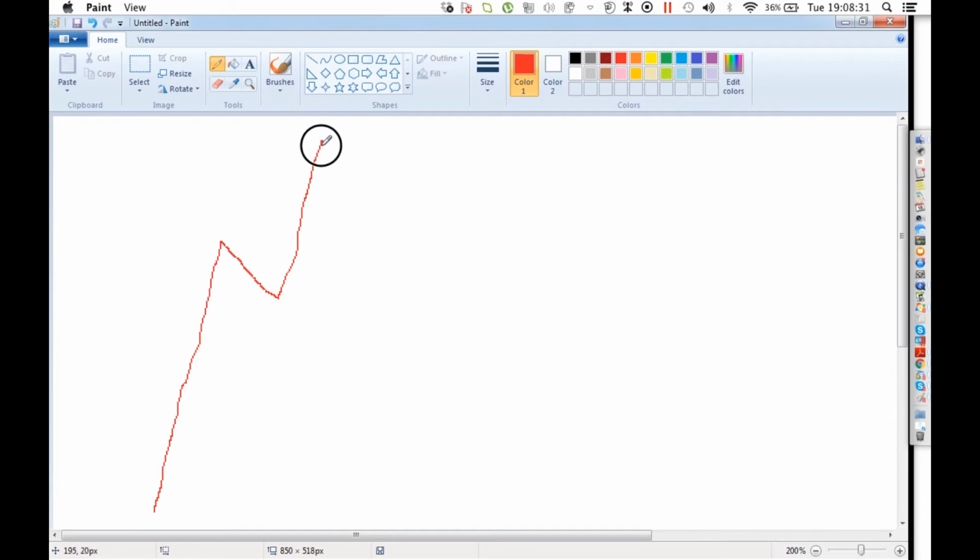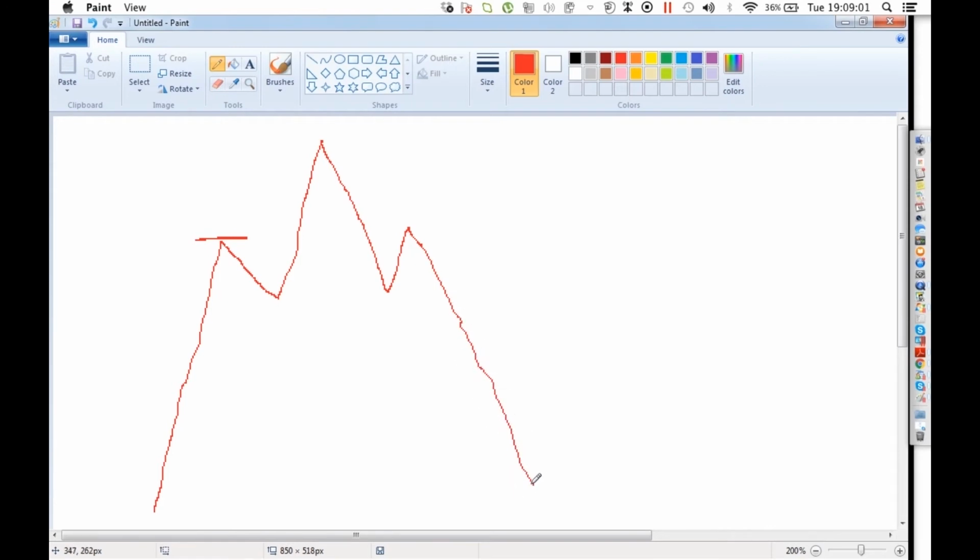Buyers lose power, sellers come in and reach this point, and then buyers try their luck again by coming into the market, but come back to this previous point of resistance, try to break that, and if they fail and start moving down, then you know it's a reversal that's going down.